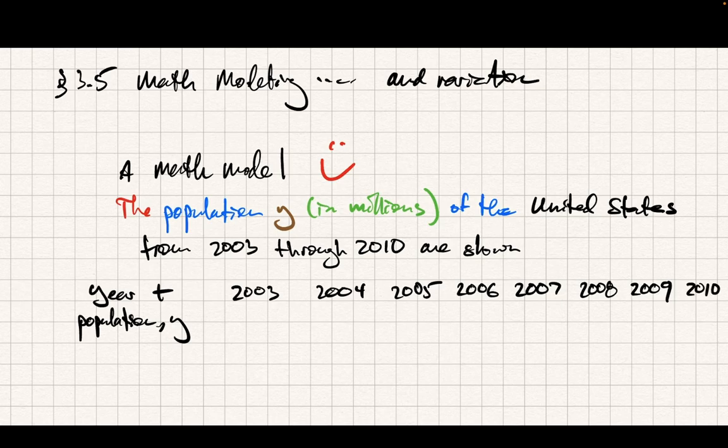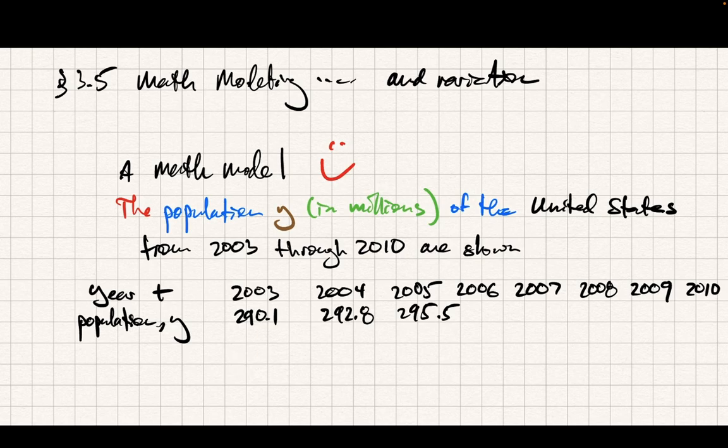So population is 290.1. What does it mean if I write 290.1 or 292.8 or 295? 292,800,000. Right.